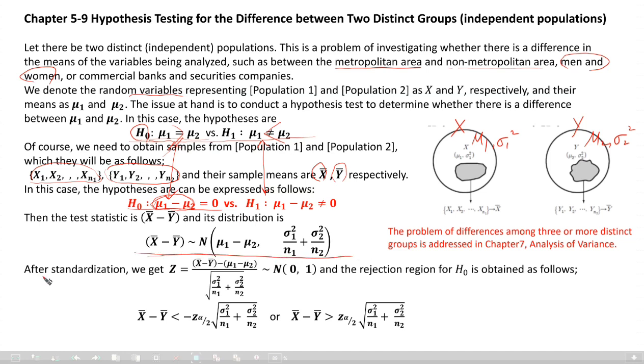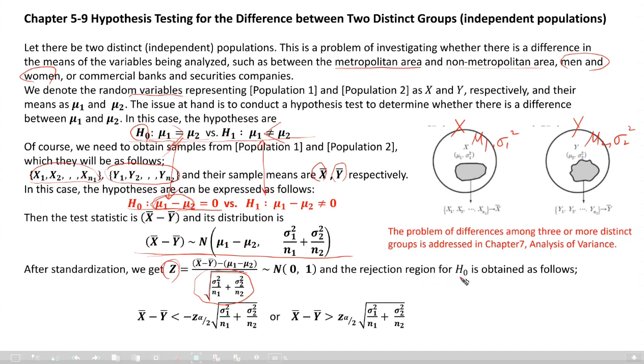So now we standardize it: G equals x bar minus y bar minus (mu1 minus mu2), divided by the standard error of x bar minus y bar, which is the square root of the variance. Then the standardized normal variable G follows a normal distribution with mean 0, variance 1.